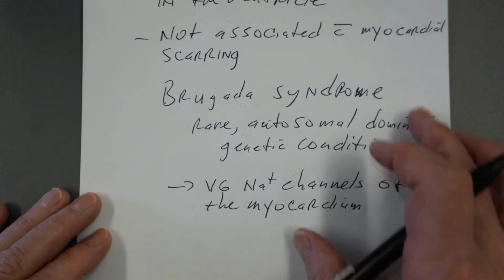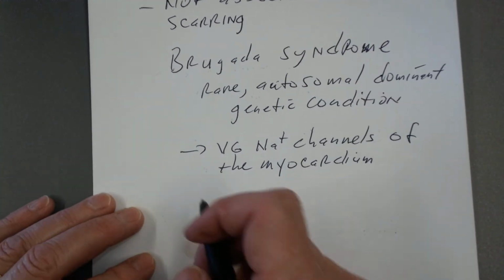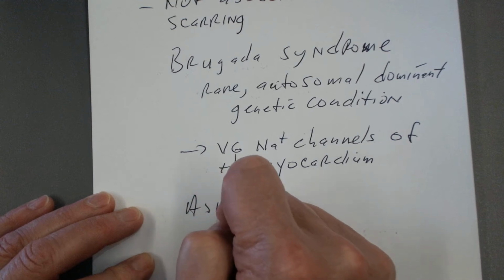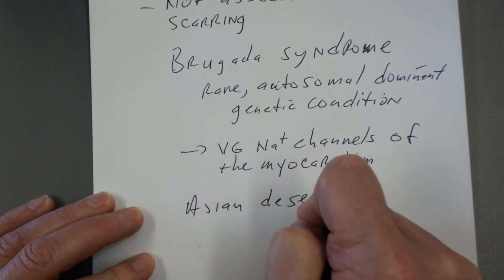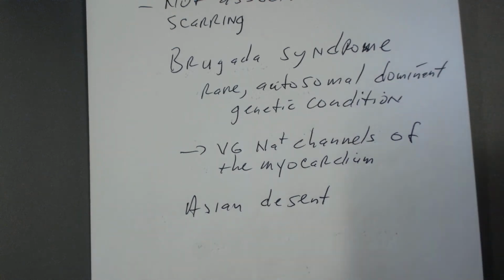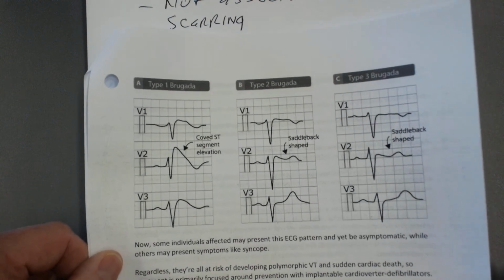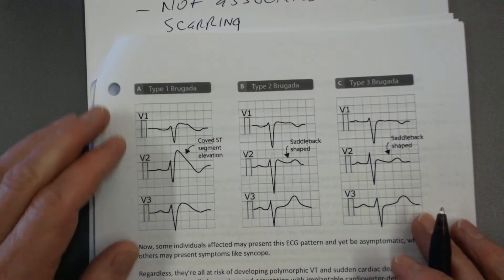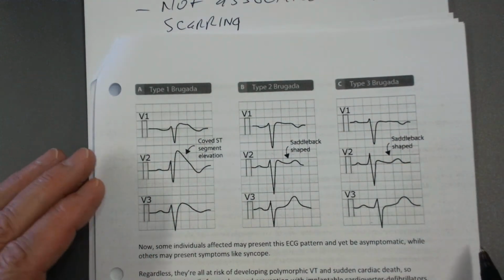All right, so this is seen probably most commonly in people of Asian descent. And you will typically see things like this in the EKG of someone with Brugada syndrome.